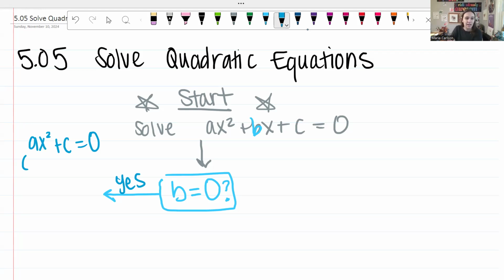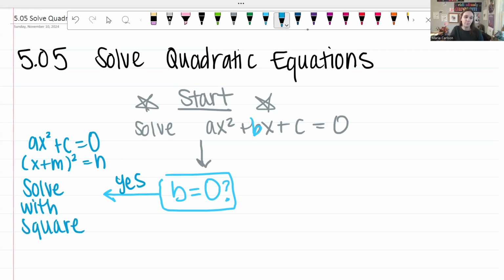Maybe it's like x plus m squared equals n. Those two forms both can be solved in the same way. We can solve with square roots. So if you do not have that b term, woohoo, you can solve with square roots.